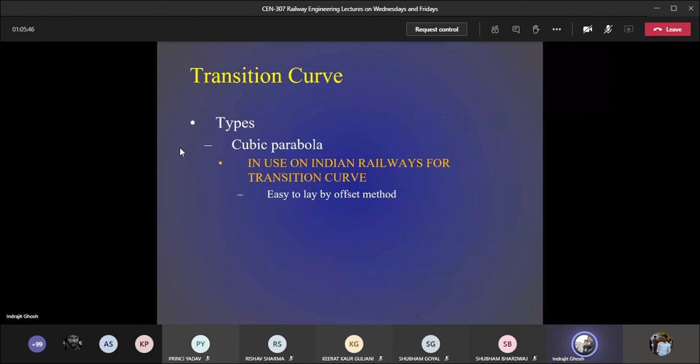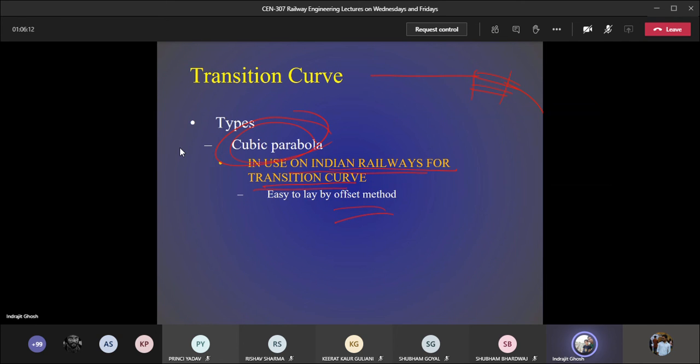So what do we use? We use a simple equation of cubic parabola. So in the case of Indian Railways, for the transition curve, where we have a straight track followed by a horizontal curve, we provide a transition curve of the shape cubic parabola. And it has been observed that we have huge manpower, but they do not have much education.